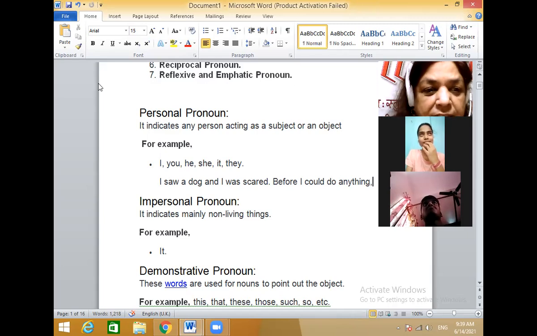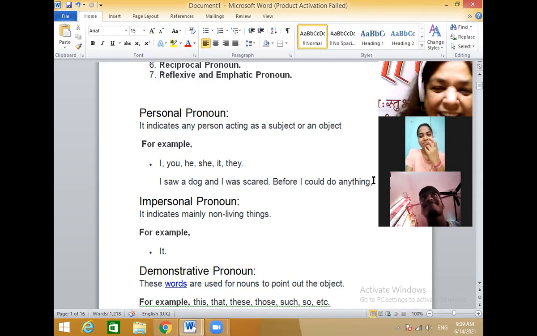We are using it. Ma'am, this can also be possible: He started barking at me. This is your story. You write it your way. So it started biting me. Before I could do anything, it charged. It started what?